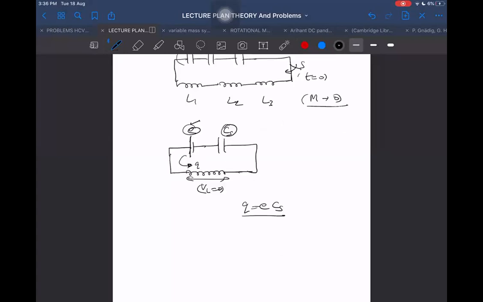I can do it in another way also. I can say the work done by the battery is equal to Q into E, and the work done by the battery is equal to half L I square plus half q square by CS.